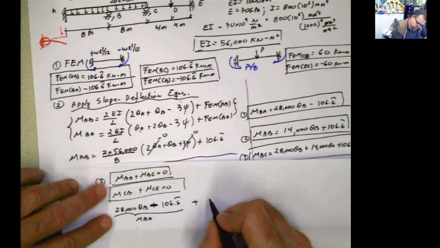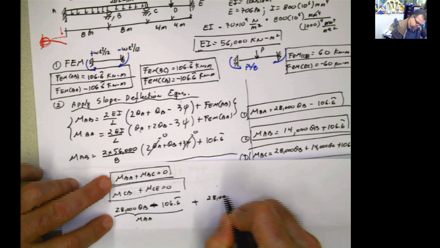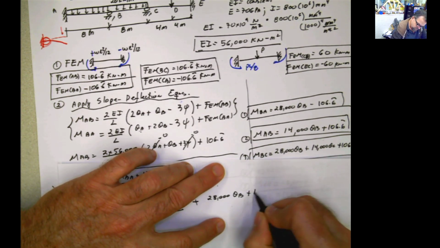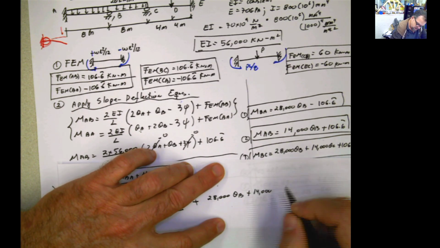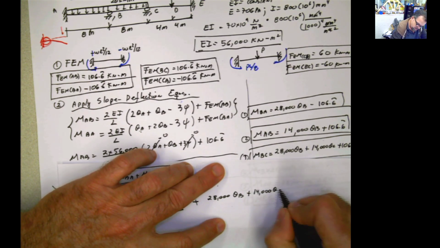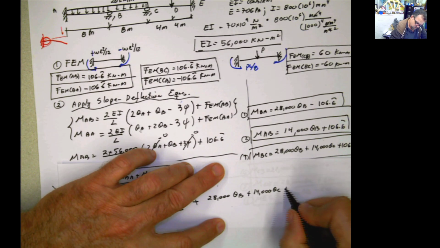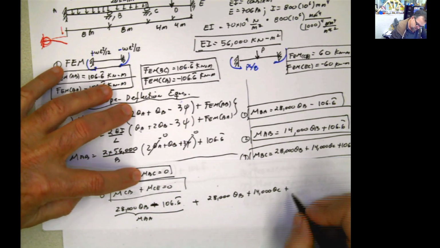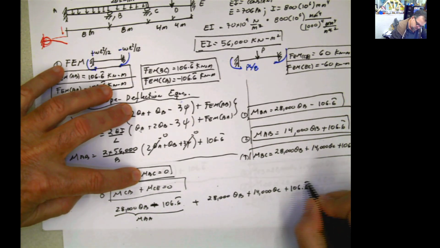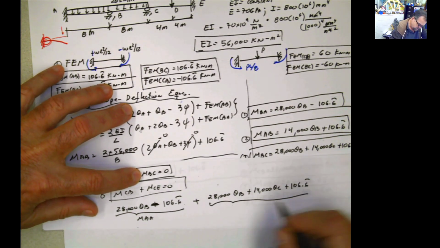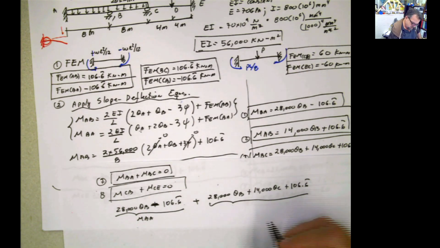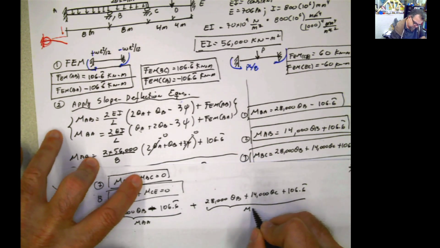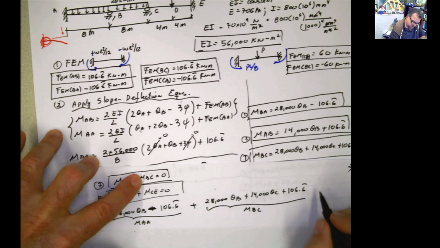MBC is 28,000 theta B plus 14,000 theta C plus 106.6. I just want to be sure that this is correct because I don't like redoing problems. And that has to be 0.